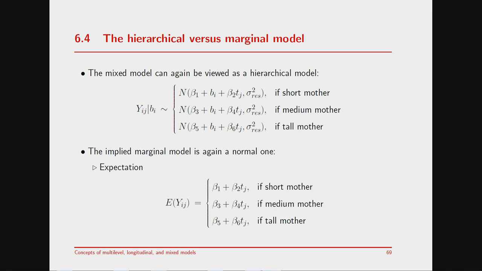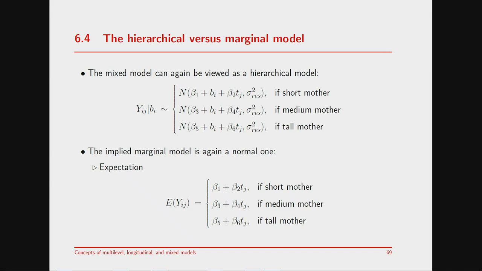What is now the marginal model? That's the distribution for your y when you do not condition on your random effects, on your b_i. Well, the marginal model is always a normal one. That's what we derived last week. What is the expectation? Well, since all the random terms have mean 0, the expectation is just the fixed effects part of your model. So we have a straight line for each of the 3 groups, with each time its own intercept and its own slope.